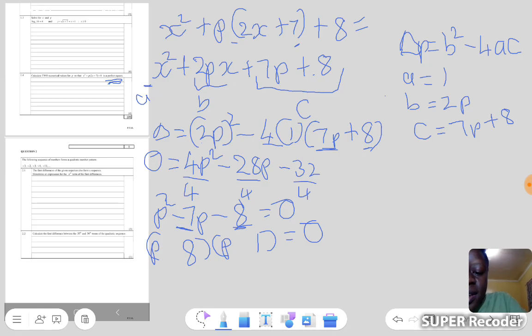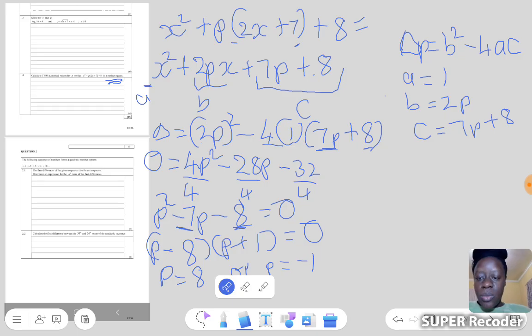So to get this one, here it's negative and here it's positive, like this. So p will be equal to 8, or p will be equal to -1, like that. So we are done with question 1.